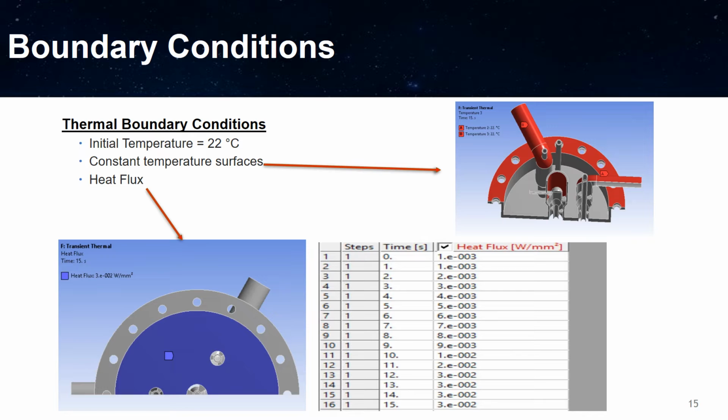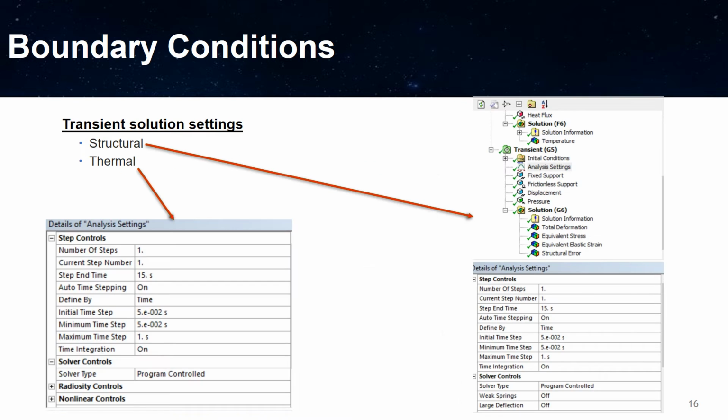For thermal input, we also gave heat flux on the injector face, the bottom face of the injector. That's where it actually sees the combustion. You can see on your right the changing heat flux for different firings, for selected firing inputs at different times during a transient combustion simulation.